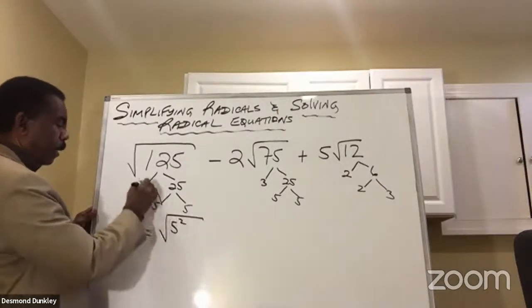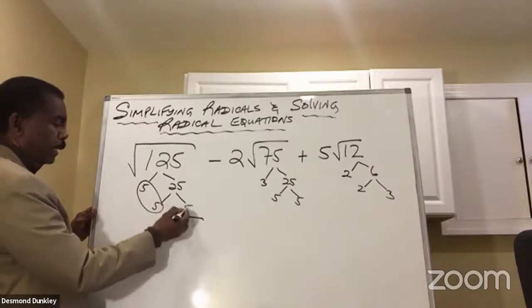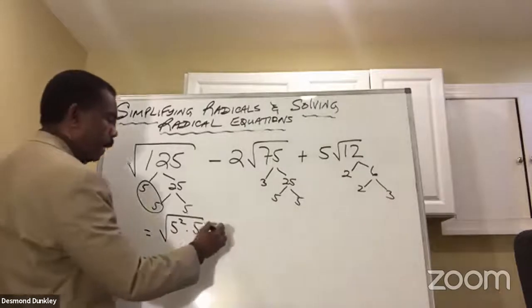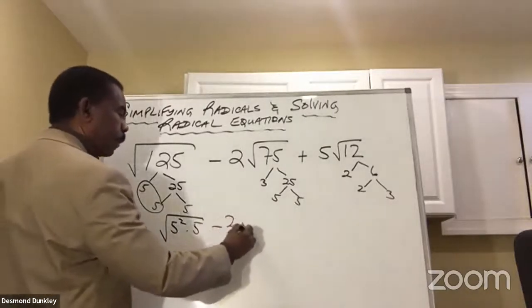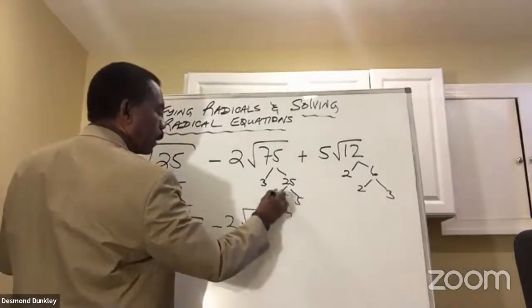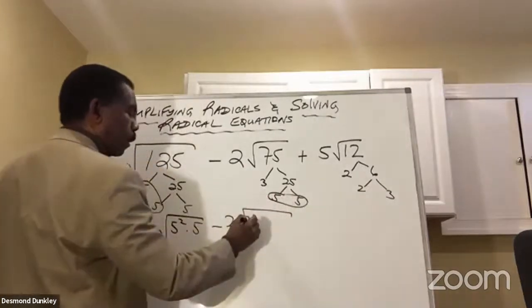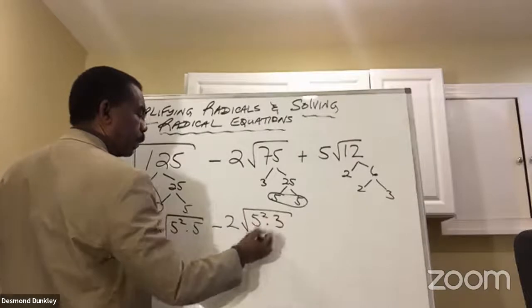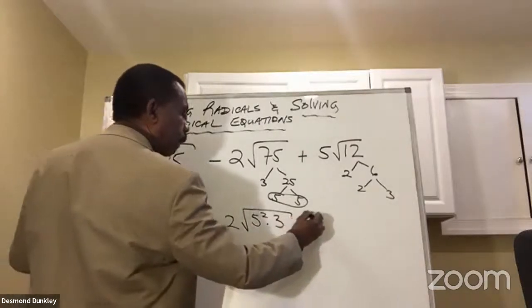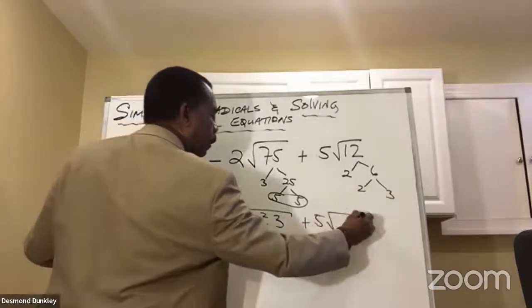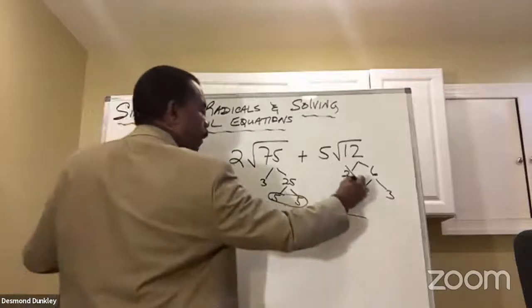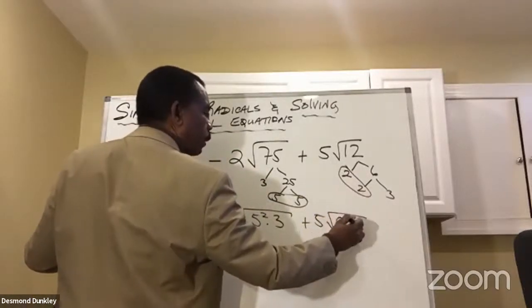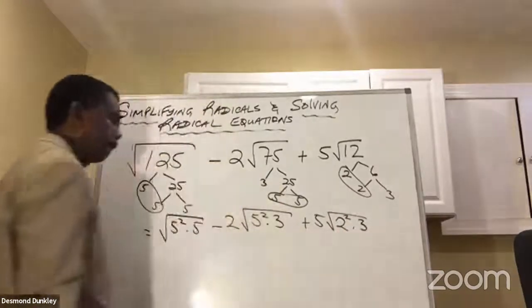We need a pair and a single, times 5, minus 2 times, this is a pair, times 3, plus 5 times, this is a pair, is 2 squared times 3.